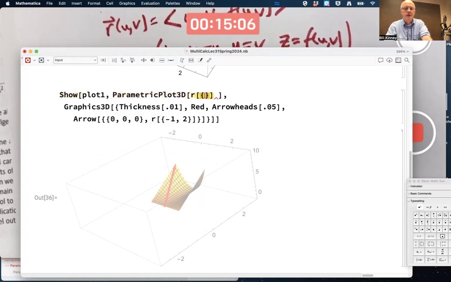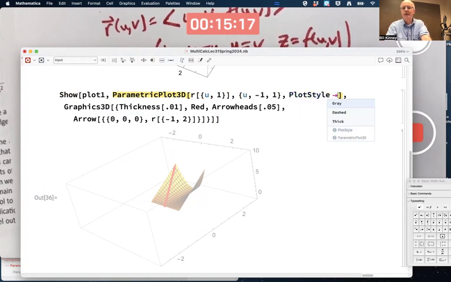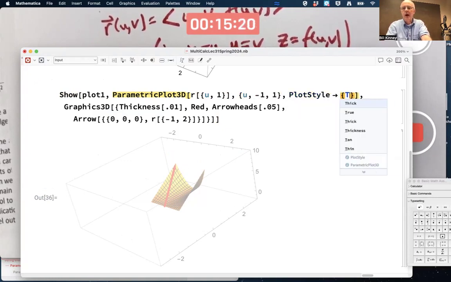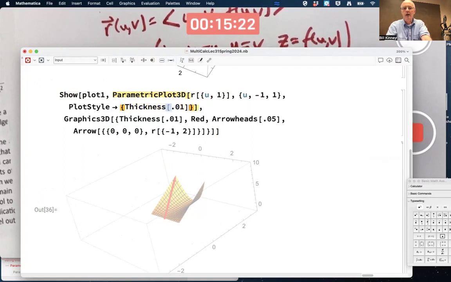R of {u, 1} as u varies from say -1 to 1. Let's make it stand out. PlotStyle, Thickness, Blue.